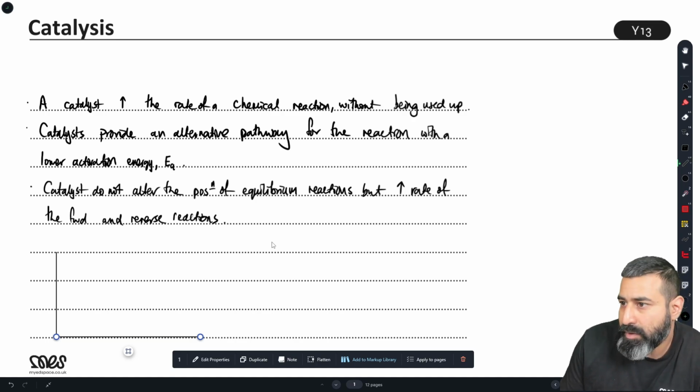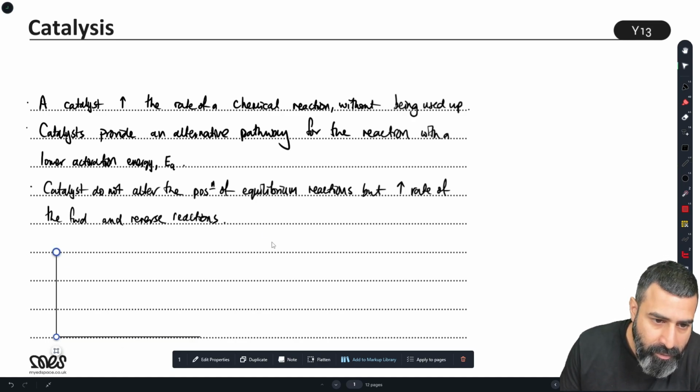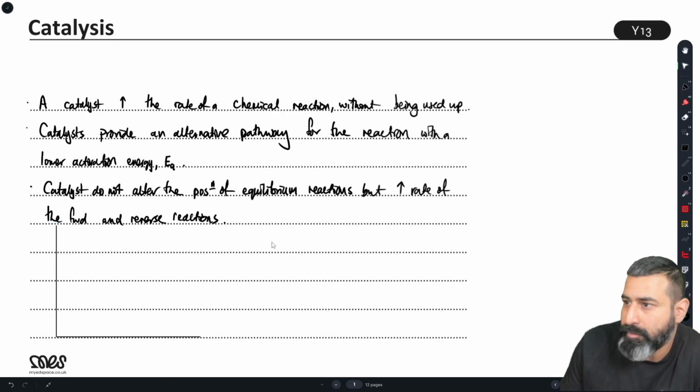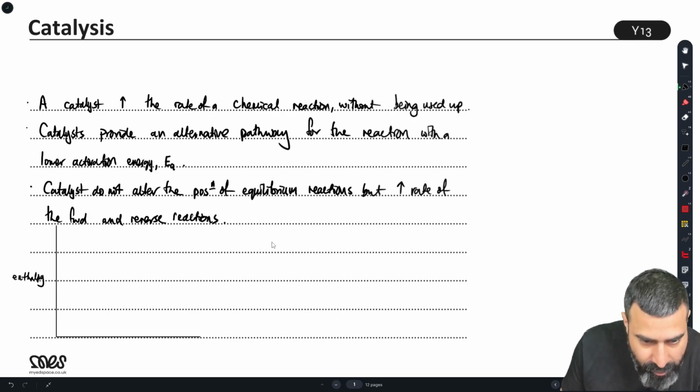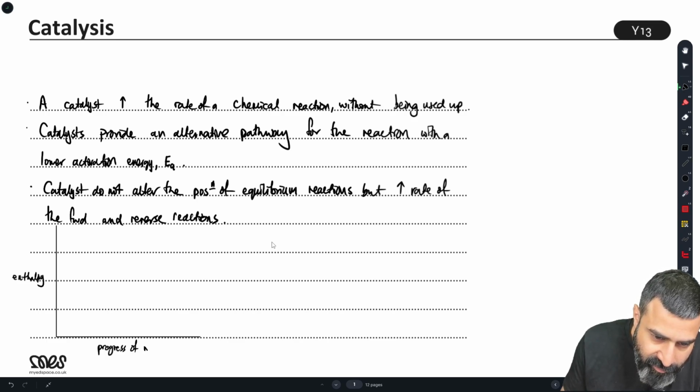So on the vertical we have enthalpy. So let's label the vertical as enthalpy, and on the horizontal we've got progress of a reaction.